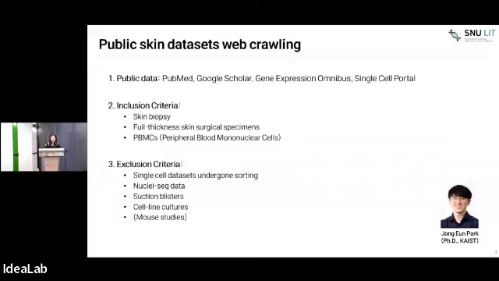Based on the insights from Professor Jong-eun Park from KAIST, we are currently gathering skin public data sets. For the inclusion criteria, we are considering skin biopsies, full thickness skin surgical specimens, and PBMC data. And those are the exclusion criteria because they are known to have different proportions compared to conventional tissue biopsy samples.